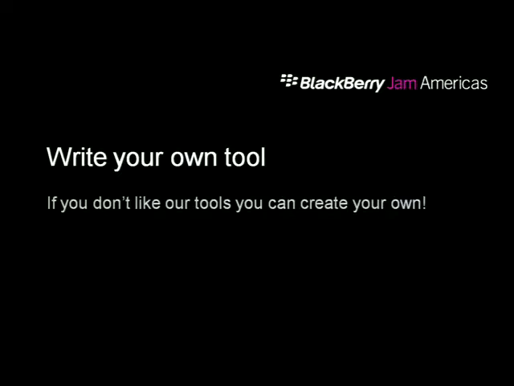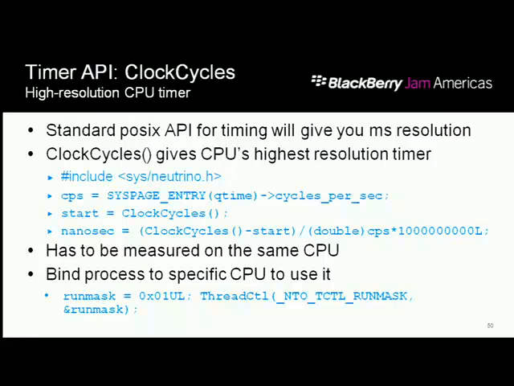So if you don't like any of the tools that I showed, you can write your own. This is pretty advanced stuff, but I want to share it with you too. If you want to inspect how much time a certain function takes, you can use this API. It's the clock cycles kernel call, which gives you the highest resolution CPU timer, better than nanoseconds.